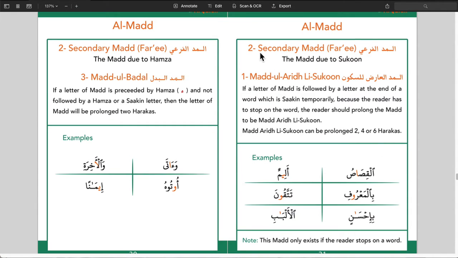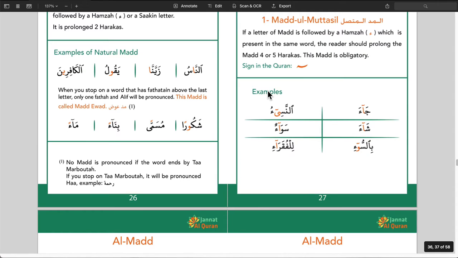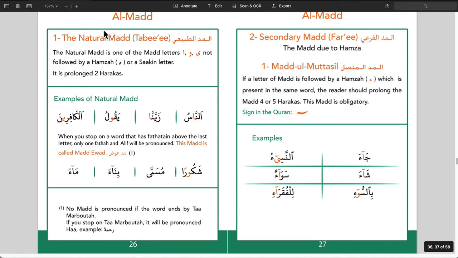Okay, so on the mad far'i, we saw three cases where the mad is due to hamza. So one muttasil, and then munfasil, and then mad badal. Let's see. Okay, so first we see mad tabi', which has the natural mad and mad iwad, falls onto the natural one.